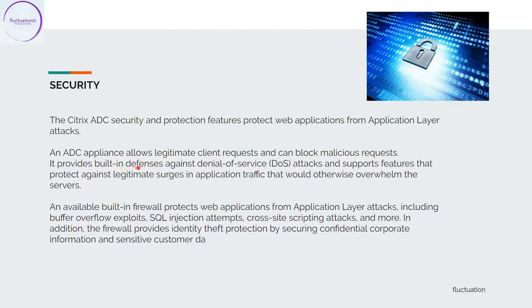It provides built-in defense against denial of service attacks and supports features that protect against legitimate surges, of course. Enable the built-in firewall, so the firewall protects applications from application layer attacks like, for example, buffer overflow, SQL injection attacks, cross-site scripting attacks, and more. So really, the firewall is something amazing.